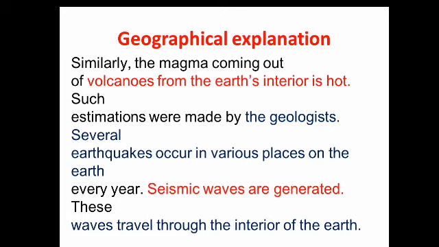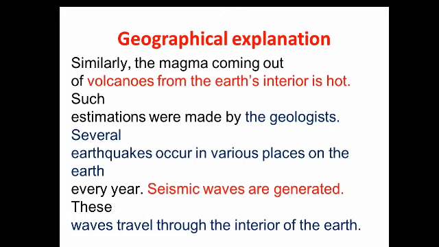Through the study of four factors, temperature, density, gravitational force and pressure, the interior of the earth was understood. For instance, when we go deep into a mine, we feel an increase in temperature.